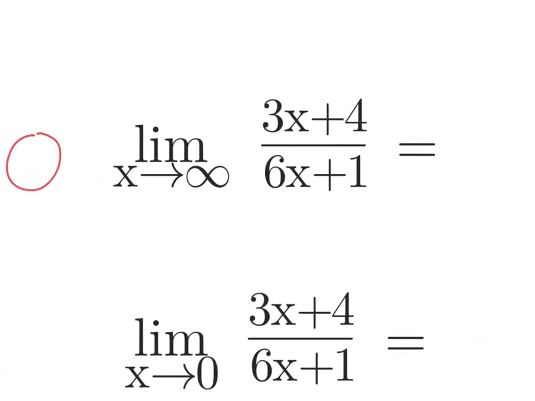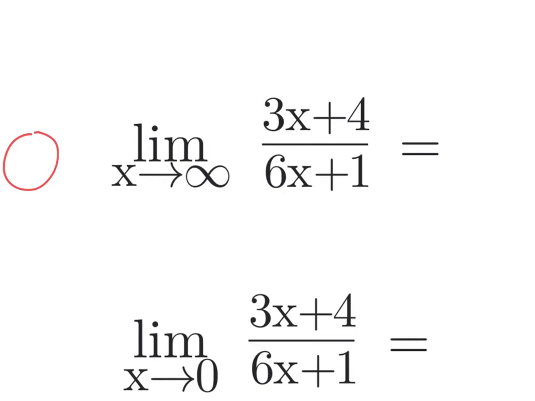As we move over to this limit, as x approaches infinity, of 3x plus 4 over 6x plus 1, so not squared anymore. Those degrees are the same. Look at those leading terms, 3x over 6x. All we have to do is simplify the fraction. Those cancel. 3 over 6 is 1/2.